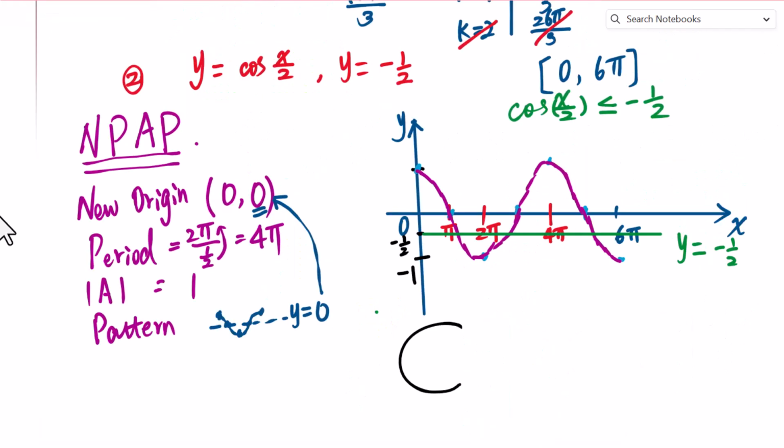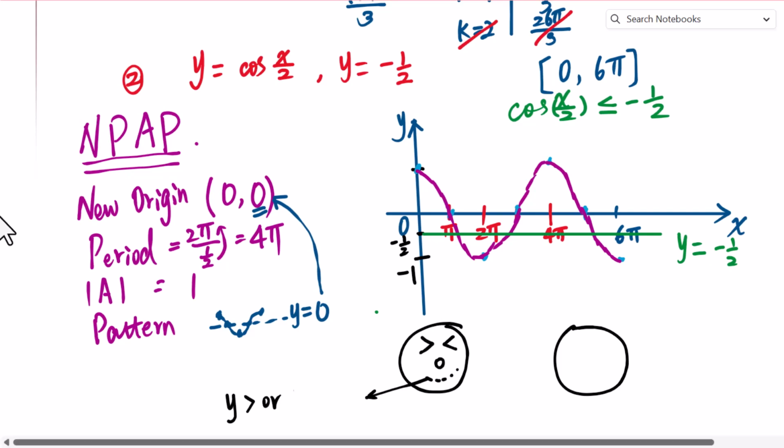Use a happy face and angry face to remember. Greater than or less than: open circle for the number line, and a dotted line for y greater than or less than mx plus b.